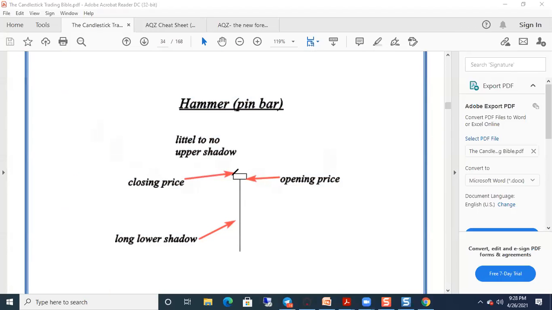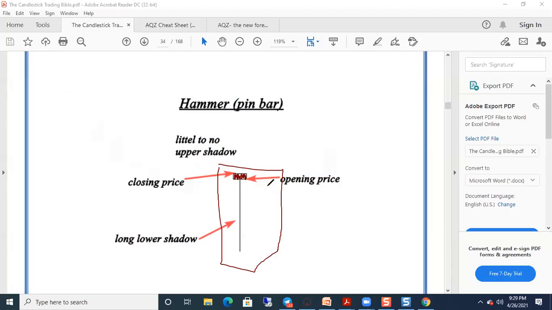When we look at pin bars, we don't care about the color of the body. This candlestick here is called a bullish pin bar, even if the color is bearish. Even if the coloration for the body is bearish, it will still be called a bullish pin bar.